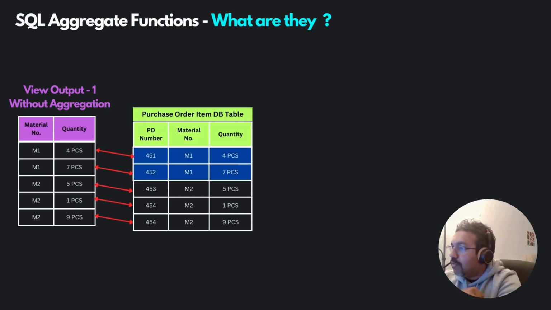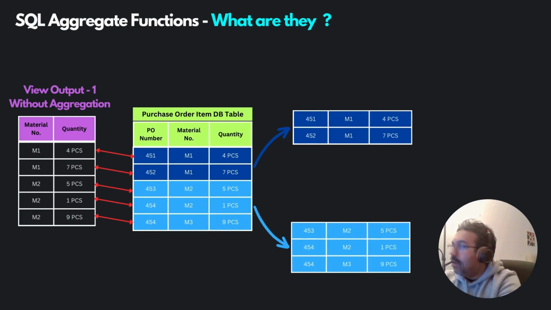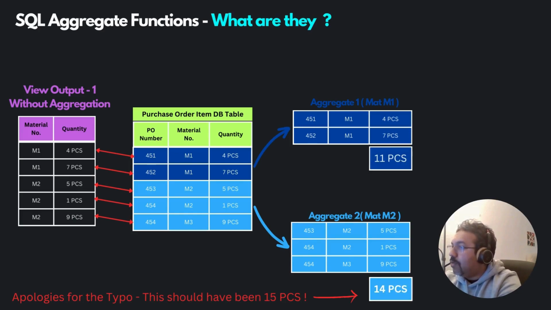So these 2 records for M1 come into one collection, and these 3 records for M2 come into another collection. Each of these collections is going to be called an aggregate, right? And then within each aggregate, I want to find the total or the sum of the quantity column. And then I want to report the result material wise.